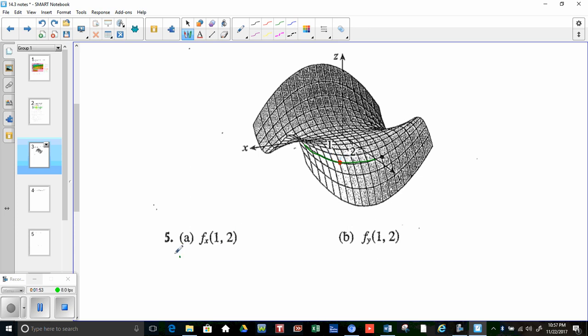So we're looking at f of x, again holding y constant at 2, at the point where x is 1. How is this slope changing as x increases? It looks like the z value is going up, it's getting higher. So we would expect that sign is greater than 0.